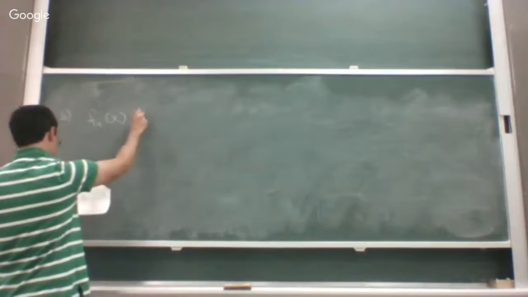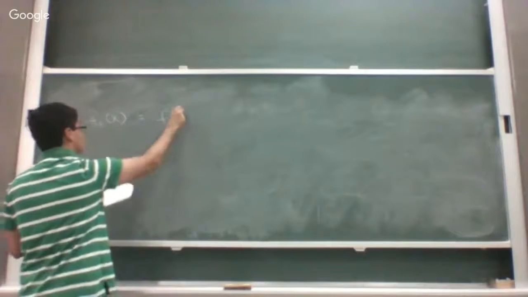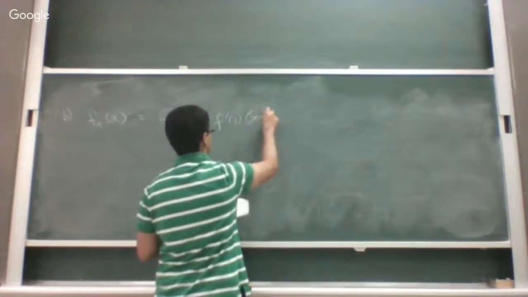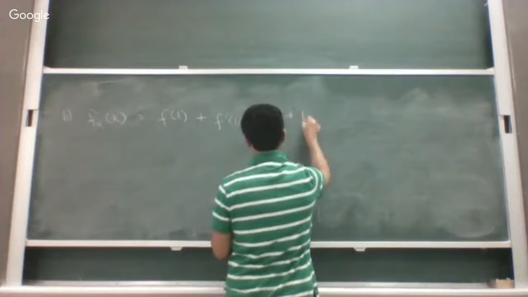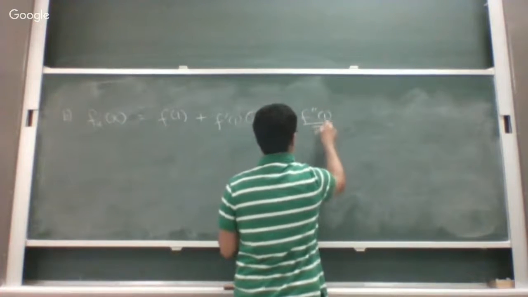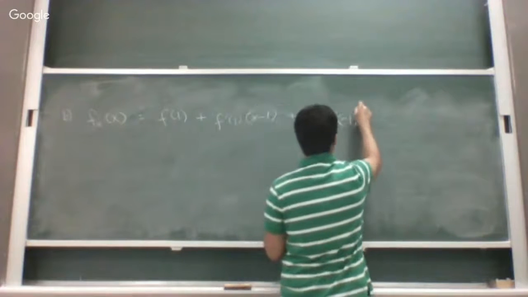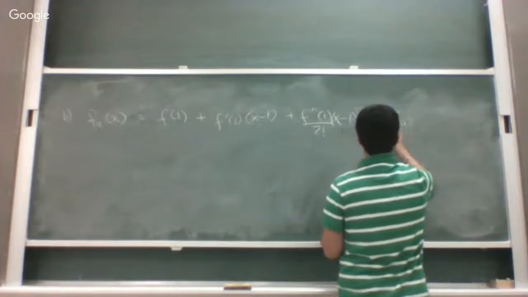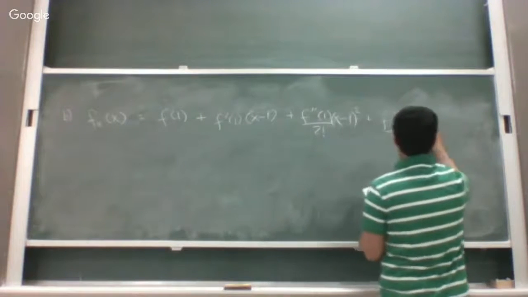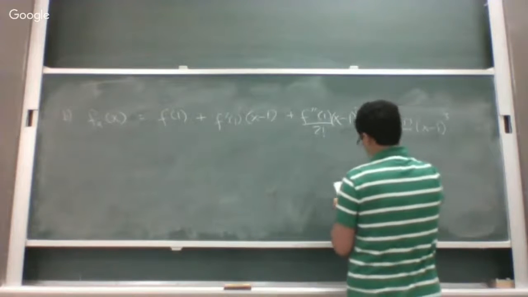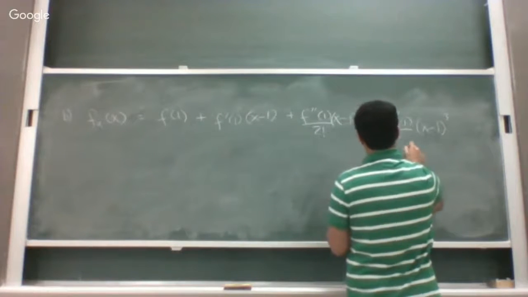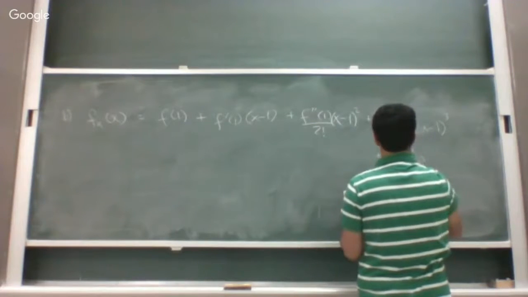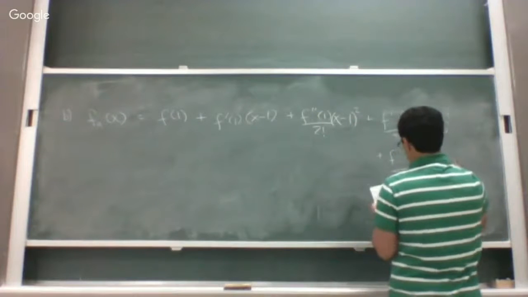So then that's going to equal f of 1 plus f prime of 1 times x minus 1 plus f double prime of 1 over 2 factorial times x minus 1 squared plus f triple prime of 1 divided by 3 factorial times x minus 1 cubed plus f to the fourth prime of 1 divided by 4 factorial times x minus 1 to the 4th.